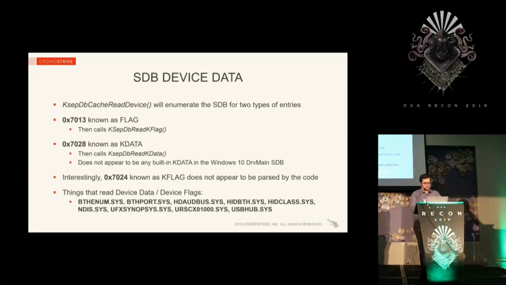So who actually reads device data or device flags? You've got a Bluetooth driver, port driver, and enumerator, the audio driver, the audio bus driver, the Bluetooth HID driver, the generic HID driver, NDIS, which is the network driver in Windows, UFX Synopsys, and URSCX, which I'm not sure what those do. I think it's another type of Bluetooth type stuff.